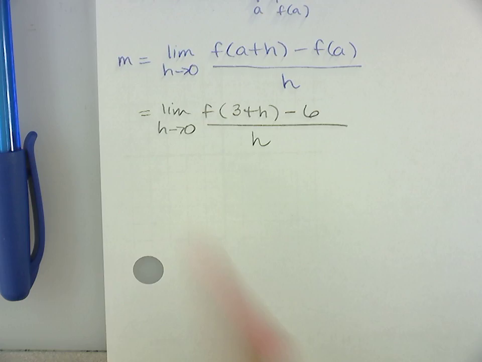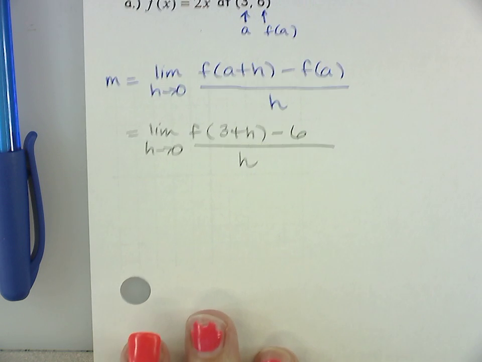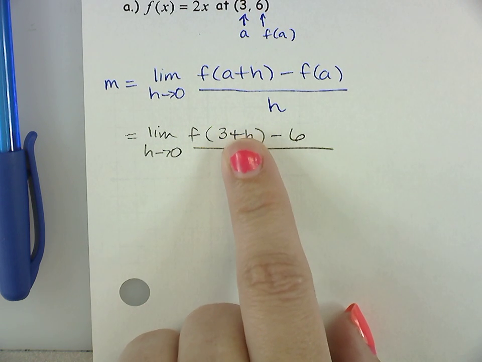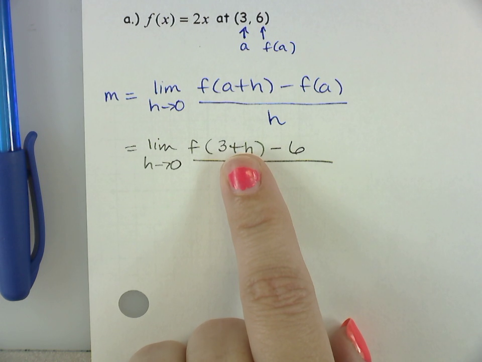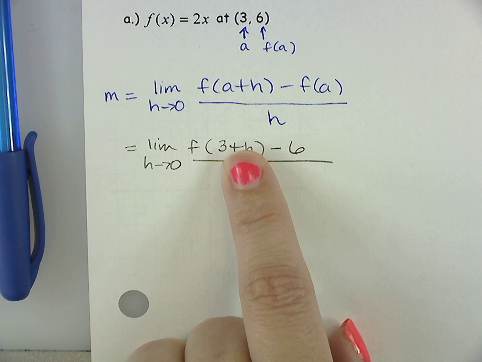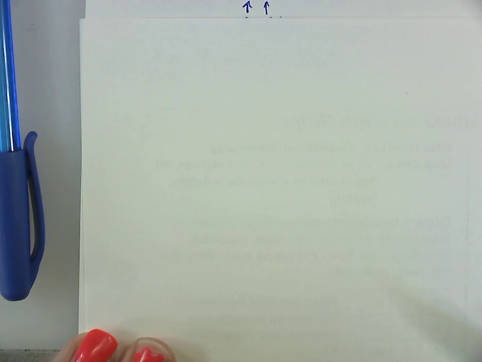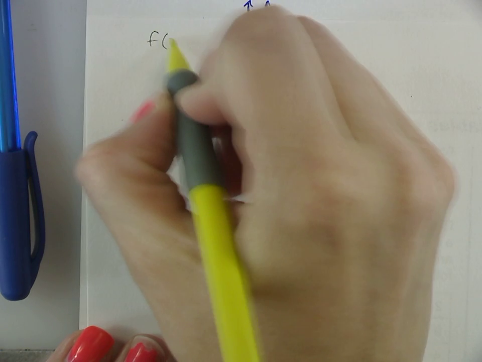Now let's think about what f of 3 plus h means. If I just had f of 3, how would I find f of 3? If you know f of x is 2x, and you're trying to find f of 3, what would that be? Put 3 in for x.